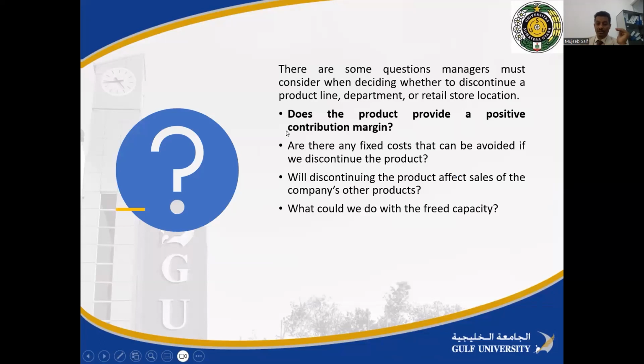So managers, when they think about a loss in any production line or a product to stop, you should consider whether this production line or this product has a positive contribution margin or not, whether the revenue at least covers variable cost.